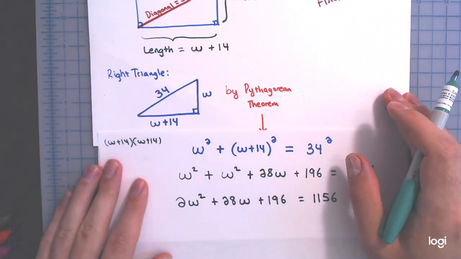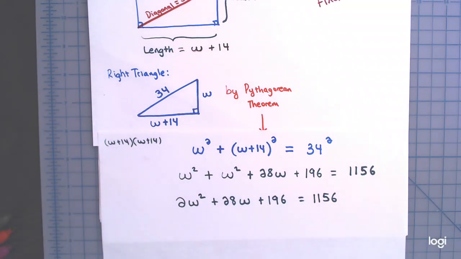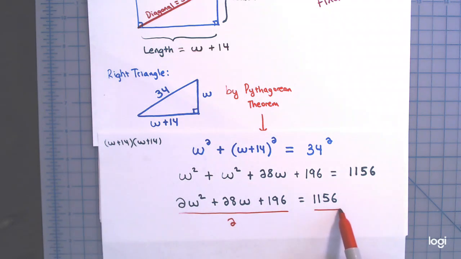Now, before I move on any further, one thing I do notice that will make the numbers a little smaller. Look at all the terms on both sides. They all have some even number factor, right? 2, 28, 196, 1,156. They're all even. So I'm going to divide everything by 2, just to get rid of that common factor of 2 that everybody has.